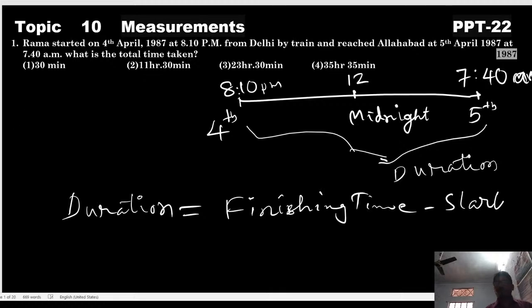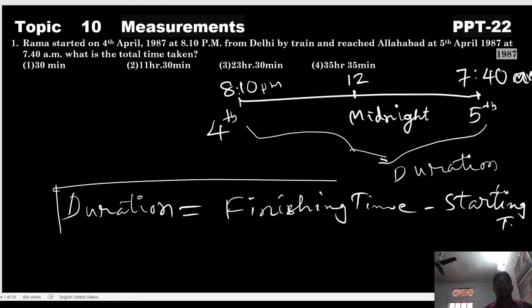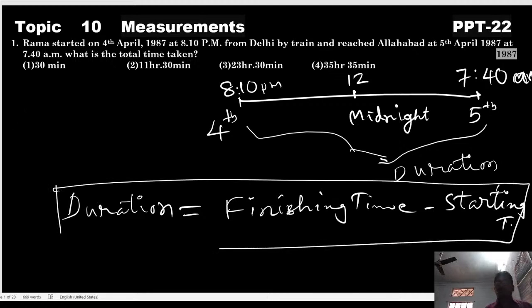This is the formula to find the duration of an activity. Using this formula, we can solve this problem. Not only this problem, we can solve so many problems using this formula.